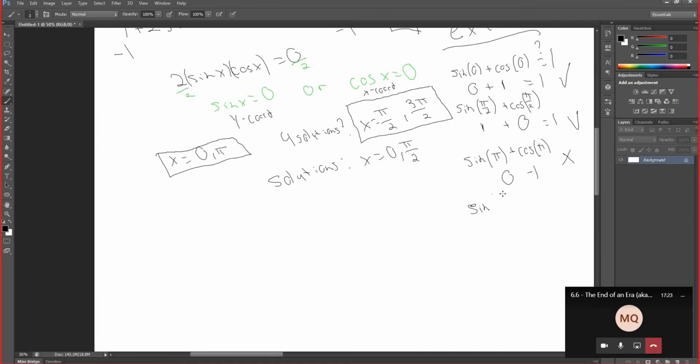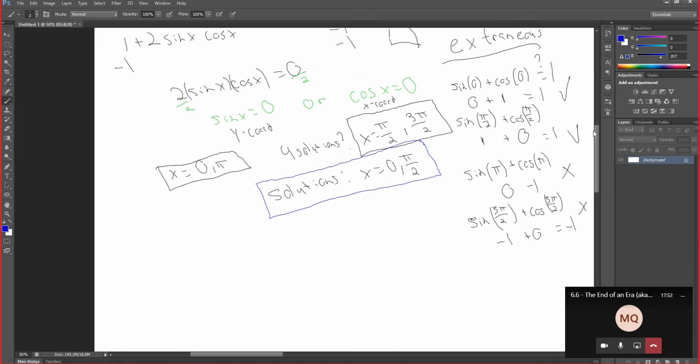So sine of 3 pi over 2 plus cosine of 3 pi over 2 is equal to negative 1 plus 0, which is negative 1. So that doesn't work. So we only actually have 2 solutions. The others are extraneous, coming from the fact that we squared both sides of our equation.